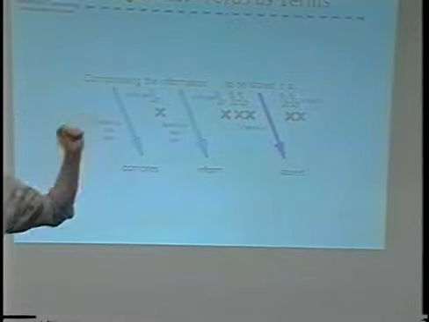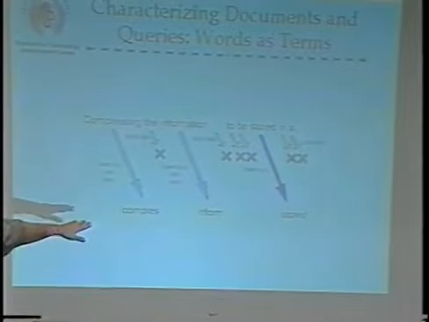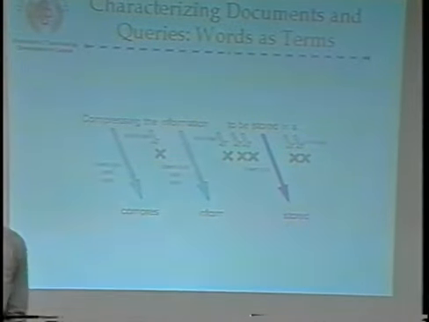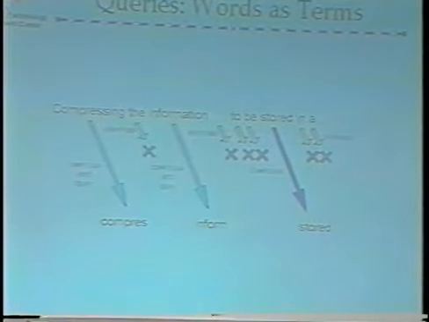So the first thing that an information retrieval system does is to characterize the documents and the queries. And typically that's done, in most cases, by using words. So the system will take a document, chop it up by white space, do some other processing. Sometimes the terms will have their ends chopped off. That's called stemming. The purpose there is to make words that are related, juggles, juggling, jugglers, juggled, all map to the same term.